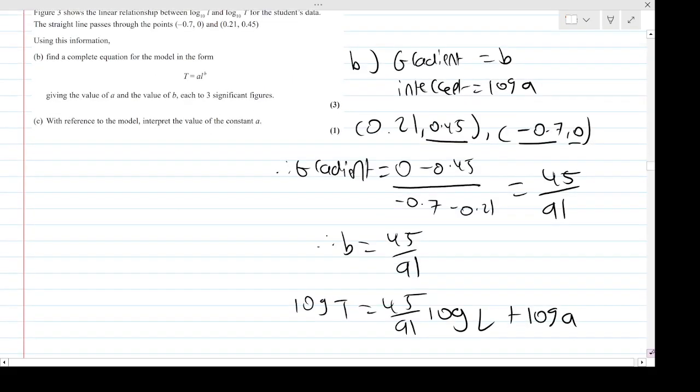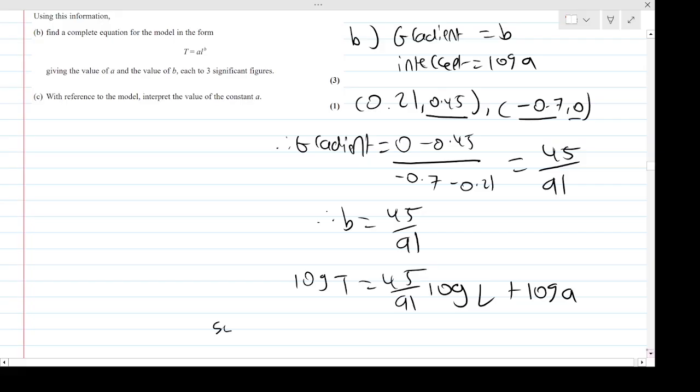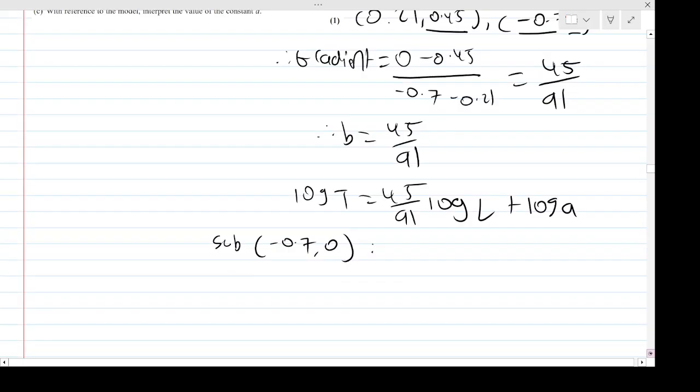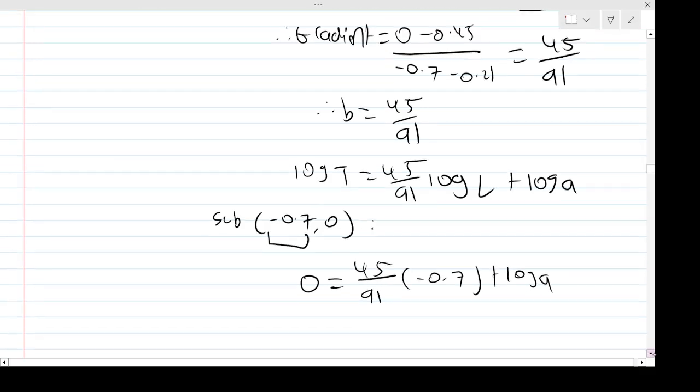If I sub the point minus 0.7 and 0 into this log equation, log t is the y coordinate, so 0 equals 45 over 91 log L, where log L is the x value of minus 0.7, add log A.